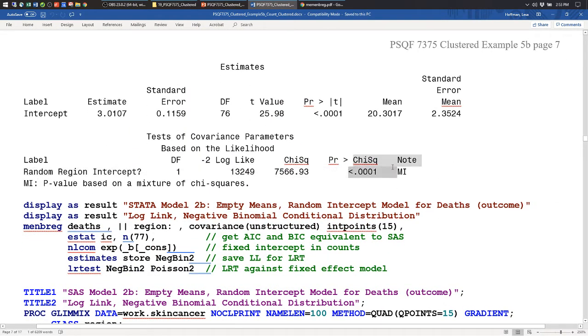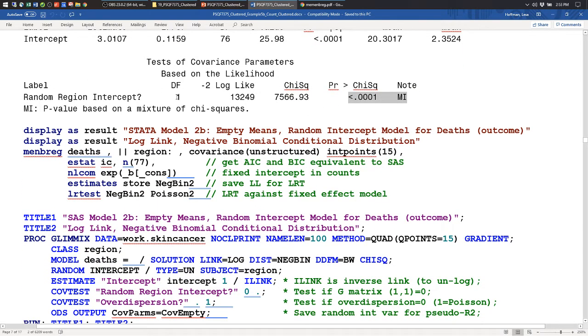I'm also going to ask you to do mixture chi-squares in your homework. They are provided sometimes by SAS. Do you remember how to do that? We talked about that before. It's 0.5 times the p-value for the lower degrees of freedom plus 0.5 times the p-value for the upper. So for this instance right here, when we add a random variance, that's 1 degree of freedom different for a random intercept.